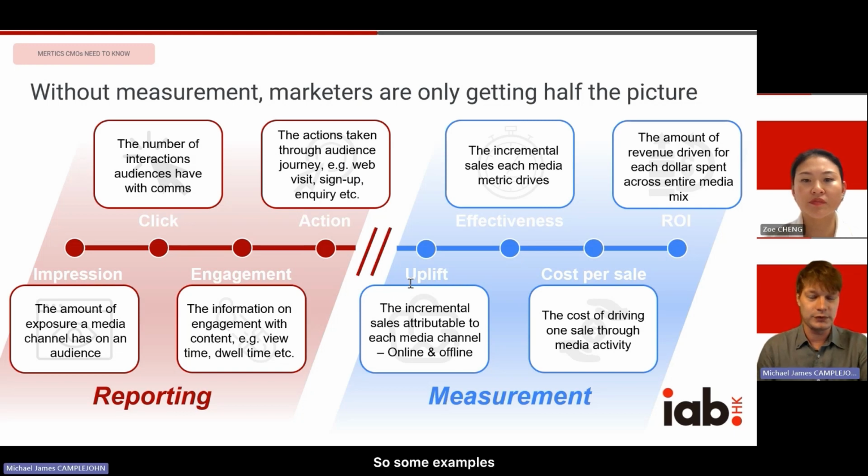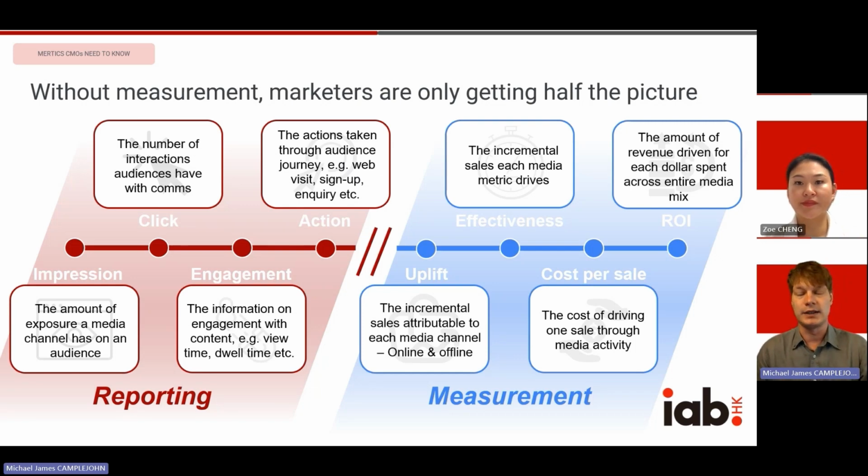So some examples. These are not all of them, but some key examples of media measurement metrics are things like uplift, understanding what the incremental sales attributable to each individual media channel are, both online and offline. Things like effectiveness: what are the incremental sales that each media metric drives?